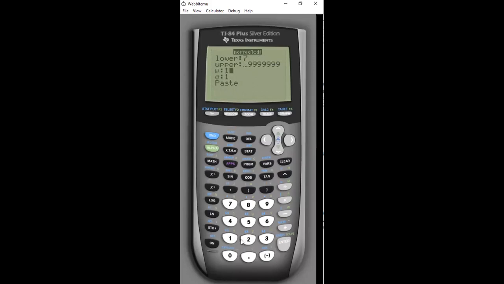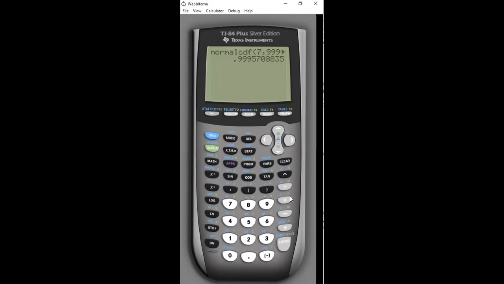It's 12. And what is my standard deviation? 1.5. Okay, so now let's see what we have. So we have 0.99957. So we know the yellow one is 0.99957.